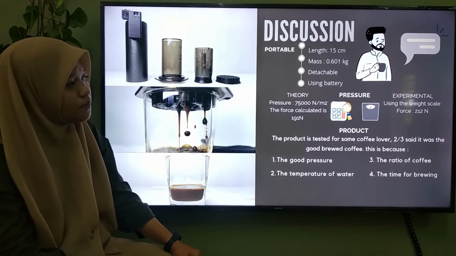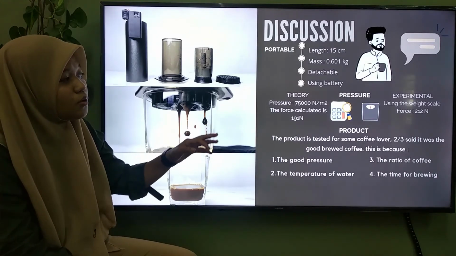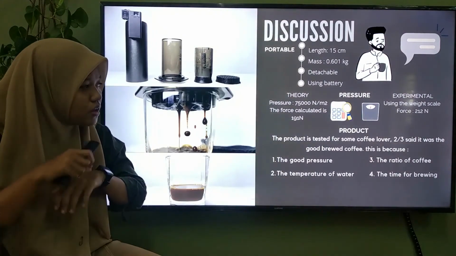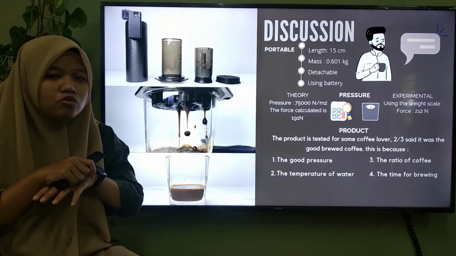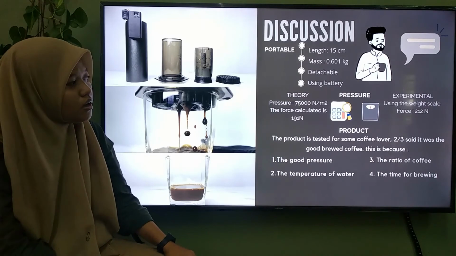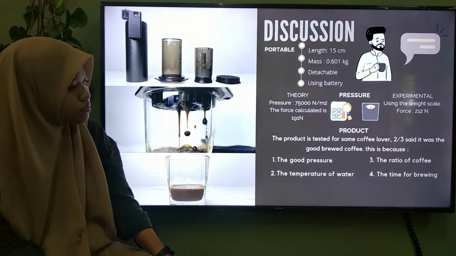So I did the experiment, where I used a weight scale and pressed the Aeropress above the weight scale, and the weight is 21.2 kilogram, which when converted to force is 212 Newton.